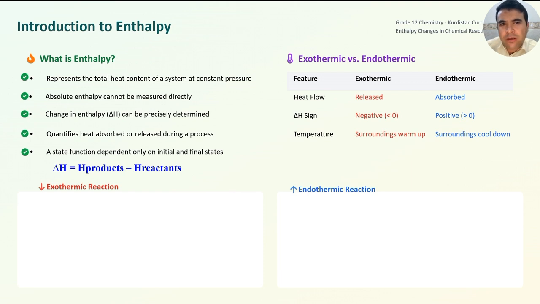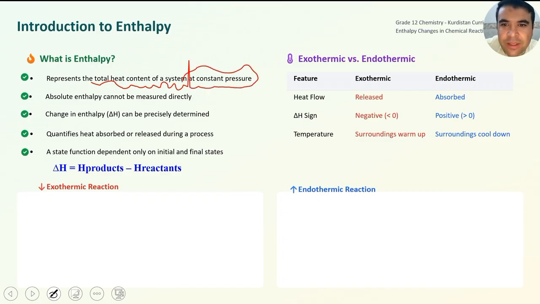Whether the process needs to add heat in order to proceed, or during the processing it releases heat to the surrounding, that heat we call the enthalpy. So it represents the total heat content of a system at constant pressure.